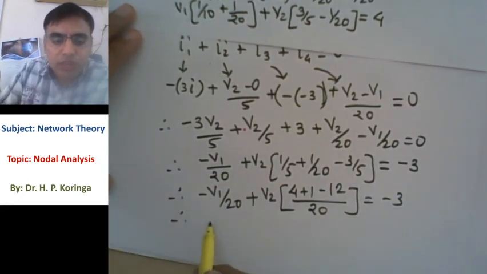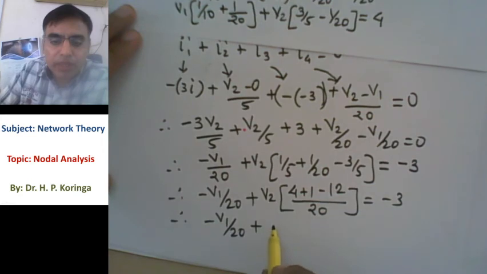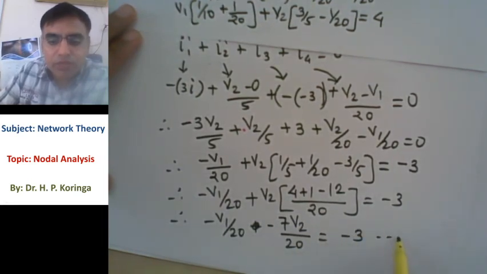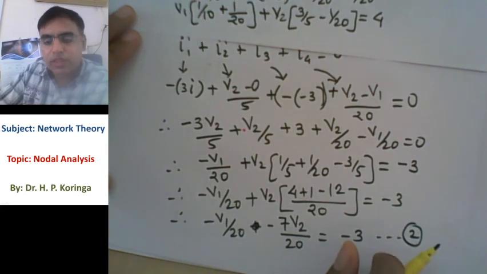So our second equation is minus V1 divided by 20 plus 5, so minus 7 V2 divided by 20 is equal to minus 3. It is our second equation.